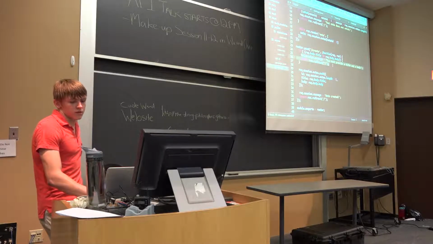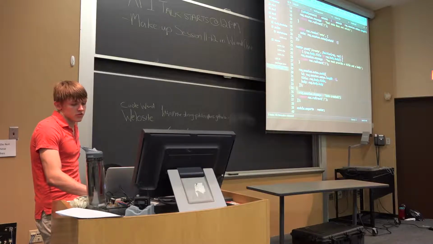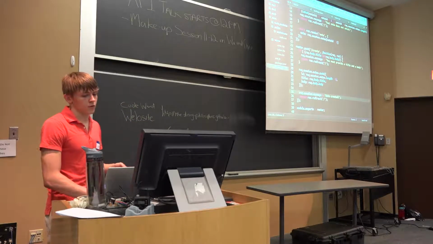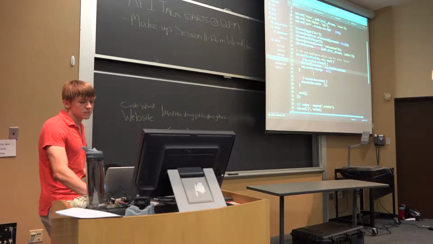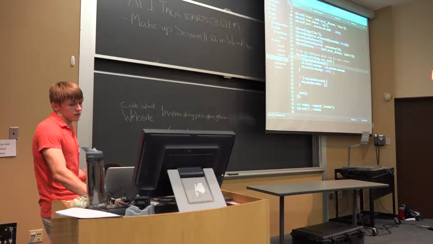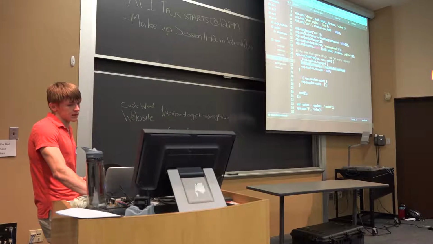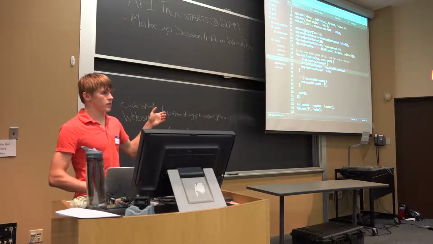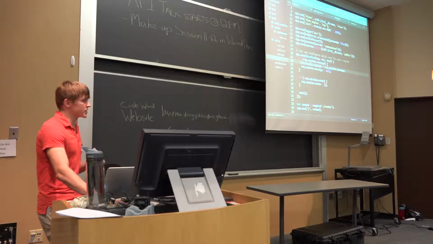Here, if a form is submitted, we set the message that the note got created, and then that goes into the session, is saved in that cookie, gets passed back and forth, and then this middleware, which runs before every request is handled, checks if there's a message that was passed from the previous request, and if so, passes that to res.locals. res.locals is basically the context of all of the variables on each template page.